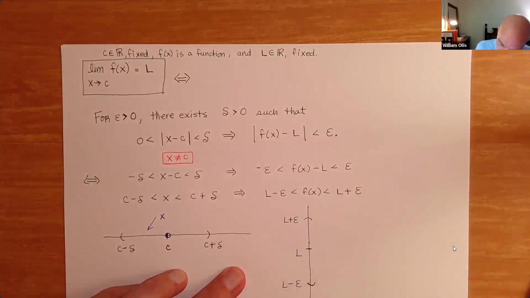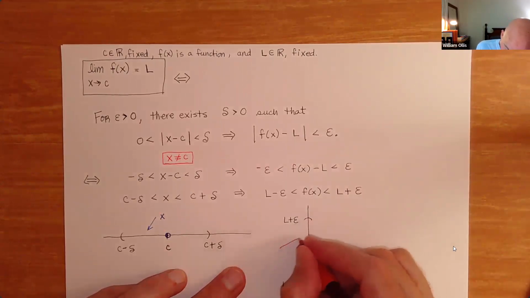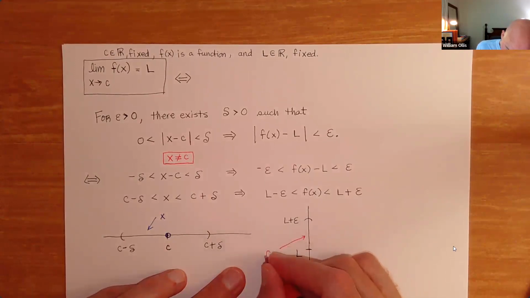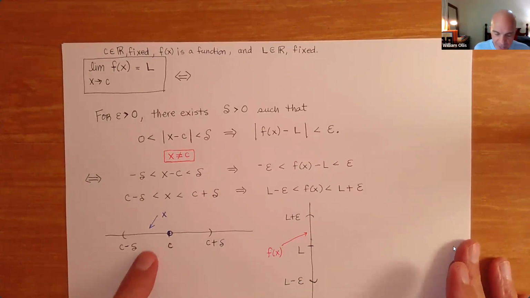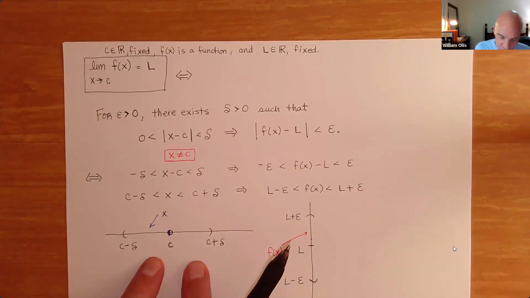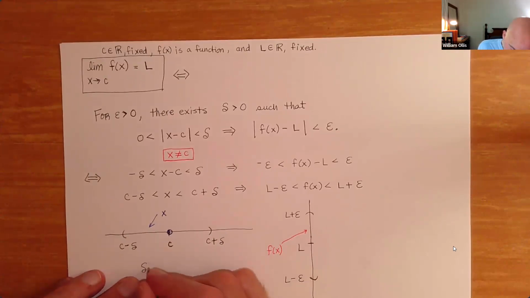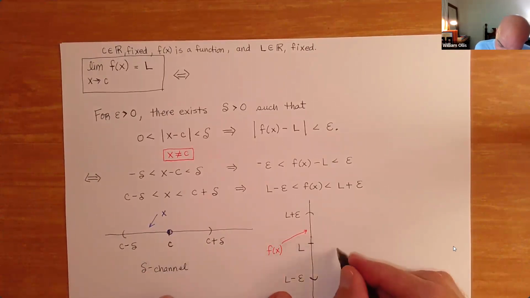And then the f of x somewhere in this interval. So if X is in this delta channel, then f of X is in the epsilon channel.